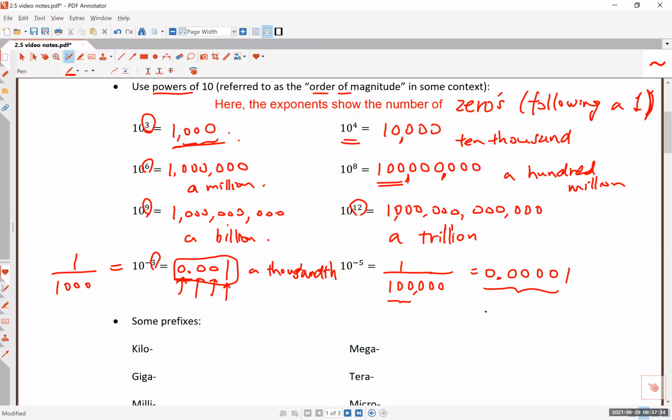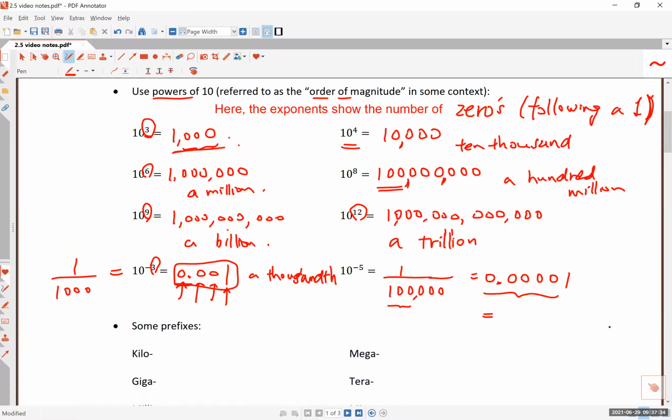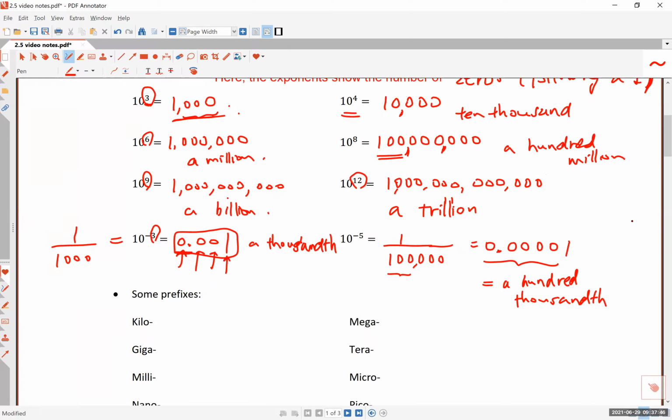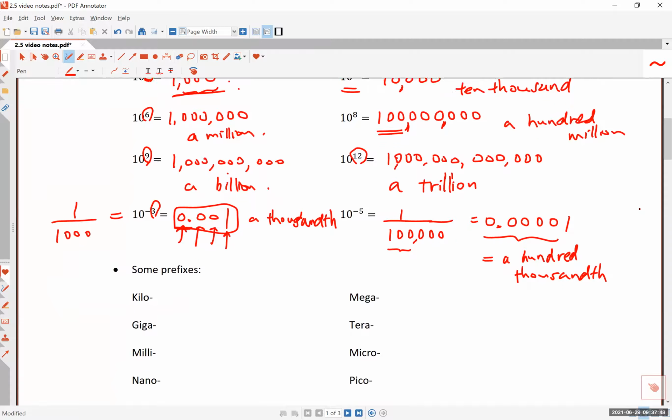Because the denominator is 100,000, this is called a 100,000th. Okay, that's what that number is.